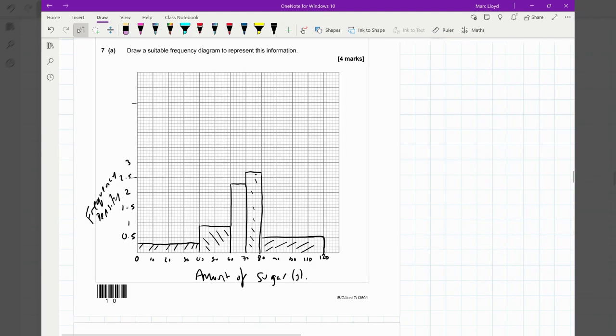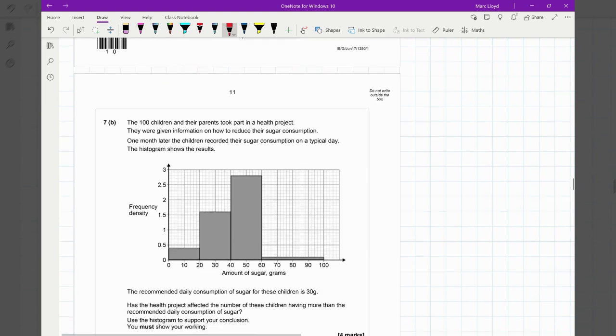Okay, what we can do with this, I'm going to go red here. 0.3 times 30. What does that give me? Gives me 9. So 9 we're at 30 and below.